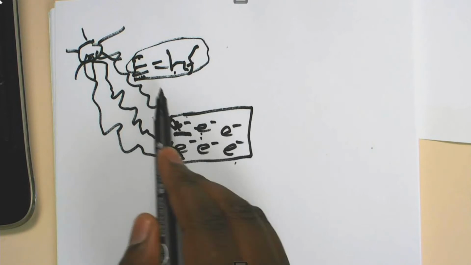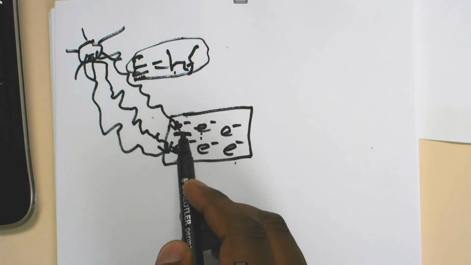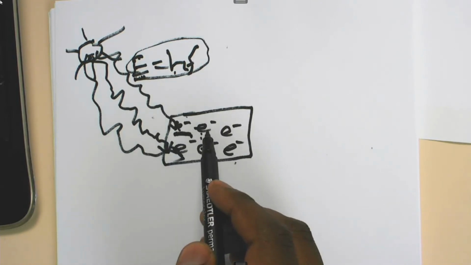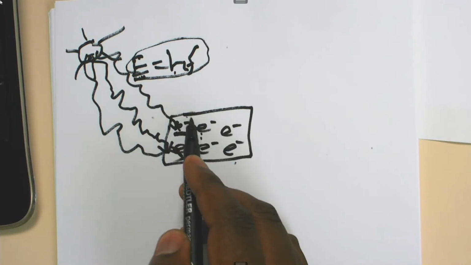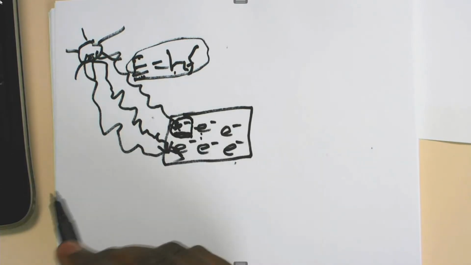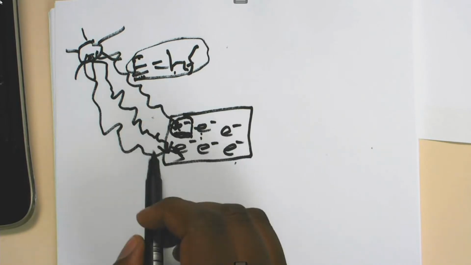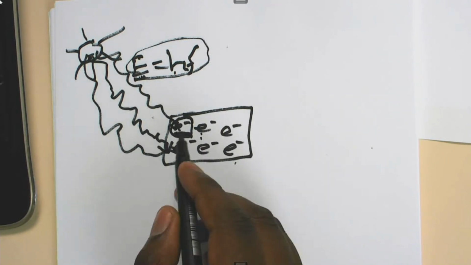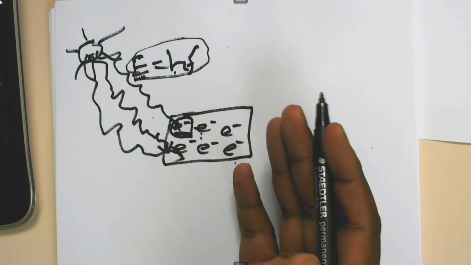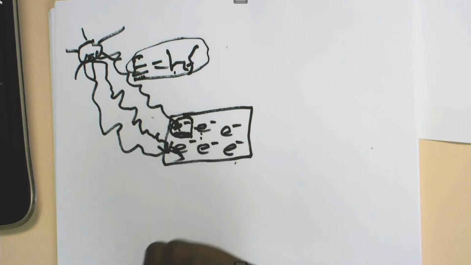And once it is transferred onto the electrons, the electrons will use the energy they have gained from the photons to be released from the metal, and with what is left, they will use that energy to move away. Hence, we'll be talking about the kinetic energy.